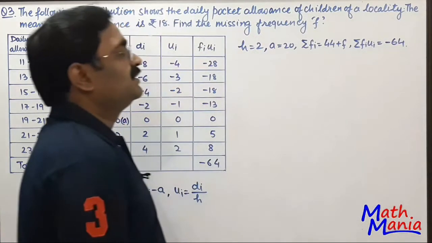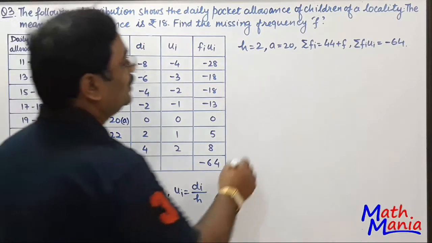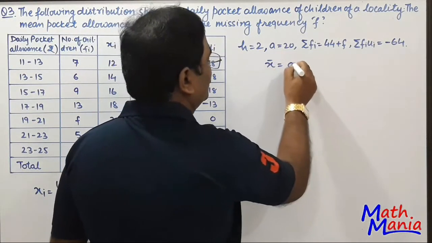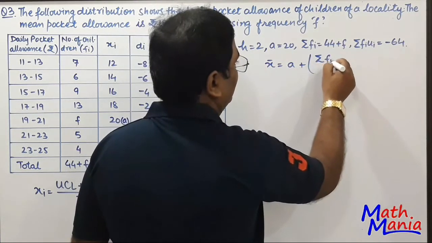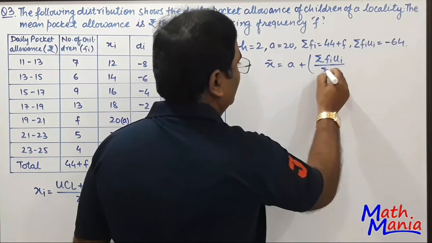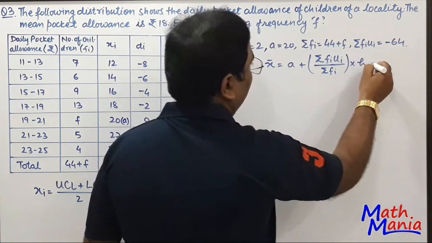Right friends? Now let us apply these values in our formula by the step deviation method. x bar is equal to a plus sigma fiui upon sigma fi, multiplied by h.